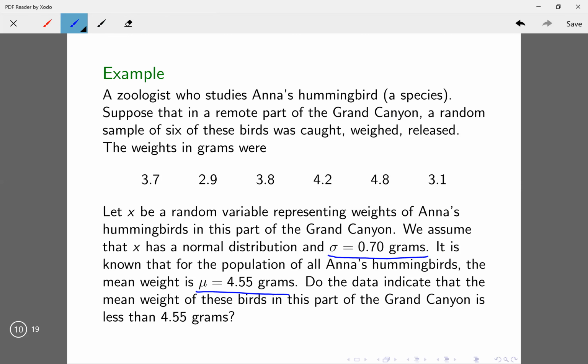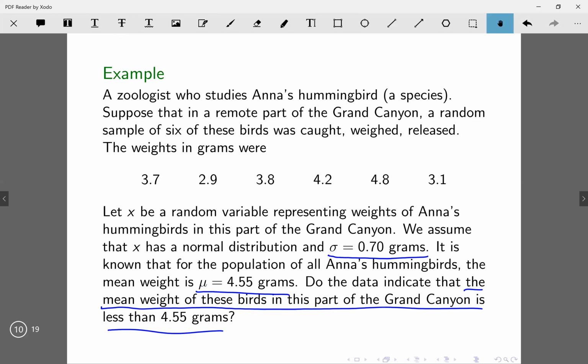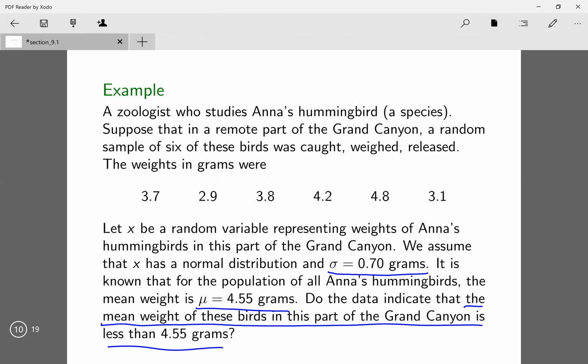And you want to know, does the data you found indicate that the mean weight of the birds in this part of the Grand Canyon is less than 4.55 grams? So I want you to write down what is the null and alternate hypothesis.